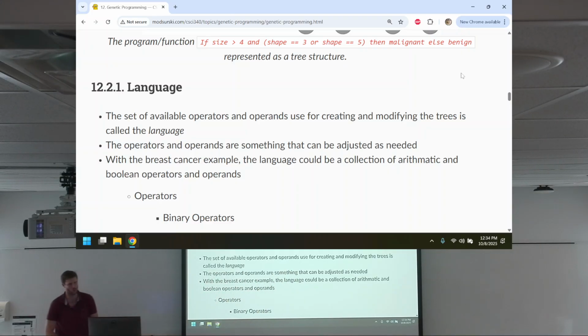We restrict it to a permutation of the numbers 0 through n minus 1. It's the same idea. We are saying, what are the available things that can be in the tree? That's what the language is. So it's not even a new thing for GP. It's the same idea, but we're talking about operators and operands because that's what's in the structure that's being evolved. And the language that you pick is going to depend on what you're doing.